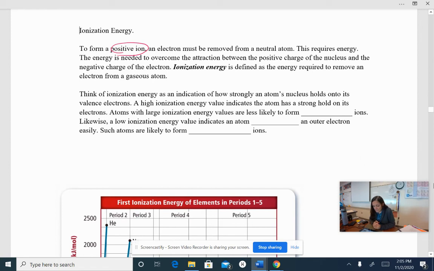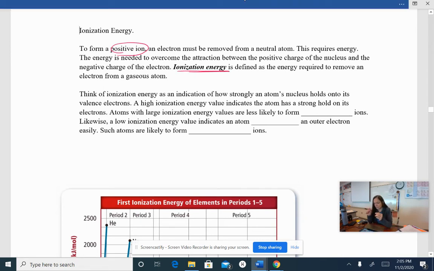The energy needed to overcome the attraction between the positive charge of the nucleus and the outer electron is called the ionization energy. Specifically, that ionization energy is pulling a valence electron off of a neutral atom in the gaseous state. So we're doing it from the gaseous atom, the gaseous state.